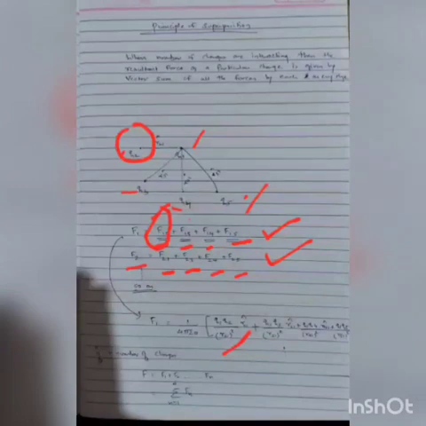Similarly, F13 is the force between charge 1 and charge 3, and so on. 1 upon 4 pi epsilon 0 is common in all of these, therefore we have taken it common and directly written this equation.